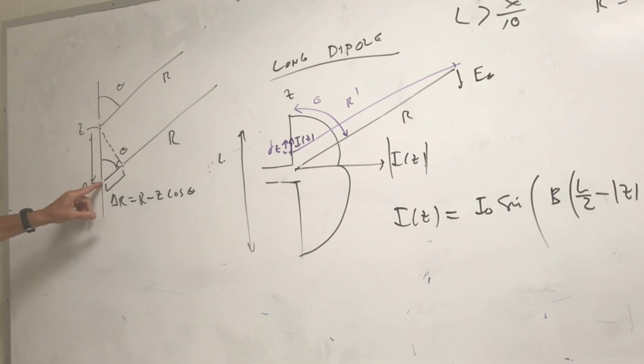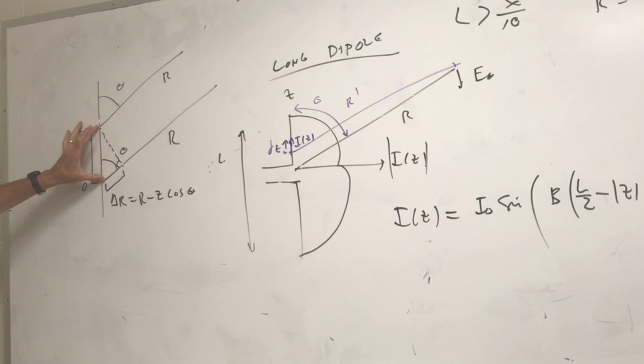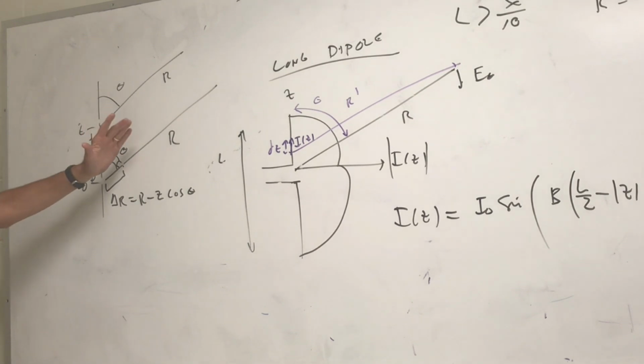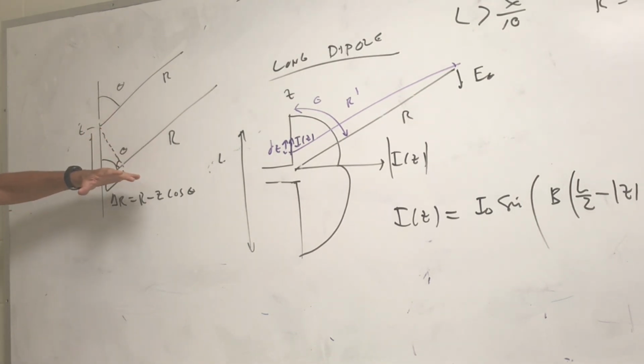So if this is a right triangle here, that's z, that's the hypotenuse, and I want to find this. Well, I know that adjacent over hypotenuse is the cosine of the angle, and the cosine of the angle will go there. Now, this should make perfect sense. What's the difference in distance if we're at 90 degrees between these two?